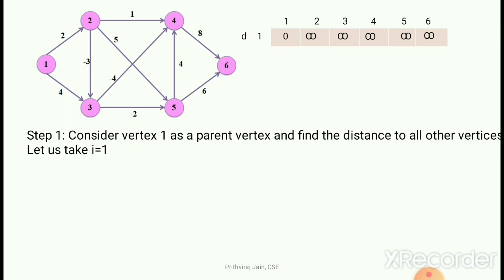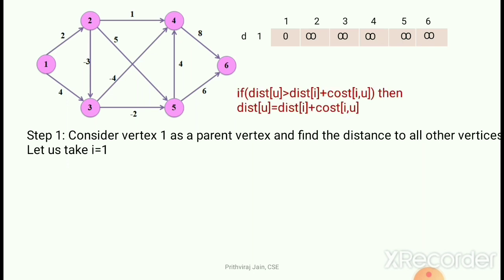Consider vertex 1 as a parent vertex and find the distance to all other vertices. That means let us take I equal to 1, and use this formula to calculate the new distance. From 1 we have to calculate the shortest path to all other remaining vertices.